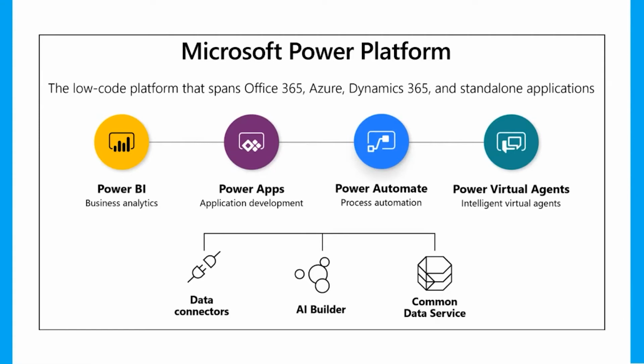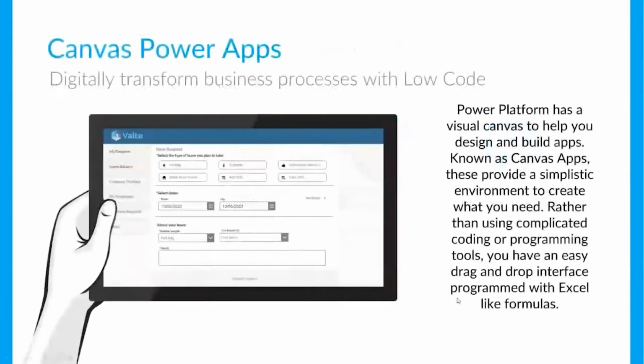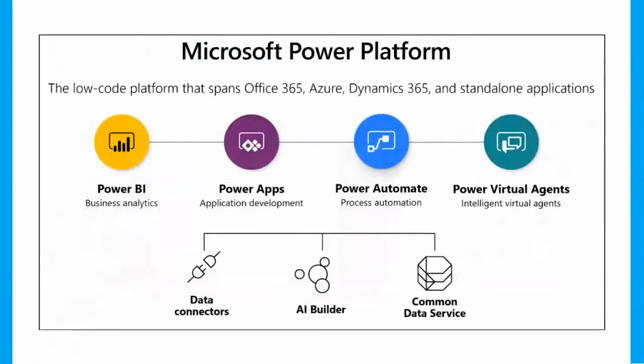So if they've got initial questions, maybe they want to find out a bit of information about your products, they can ask this virtual agent, which is programmed with a load of responses, and then it can pick up on, okay, well maybe this customer now wants to transfer to actually that is a potential lead or an opportunity, and you can then automate things like getting a calendar booked with one of your salespeople to follow up and give a full demonstration of the product. So all of these Power Platform elements can be used on multiple different devices.